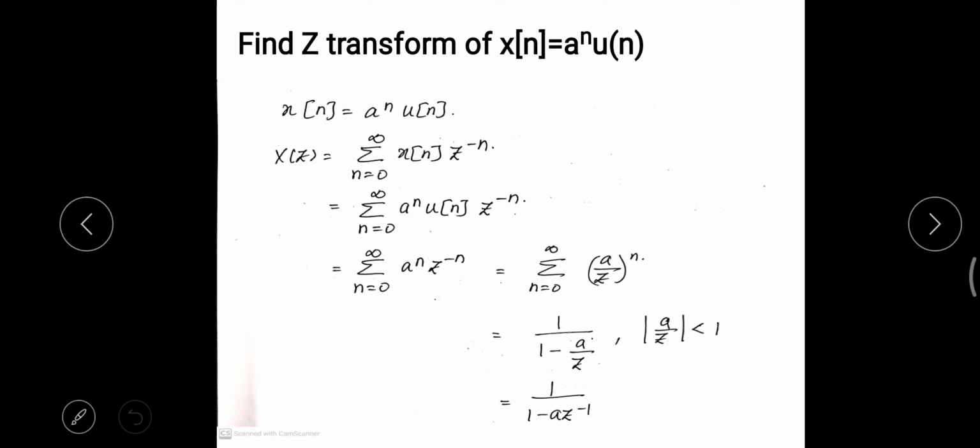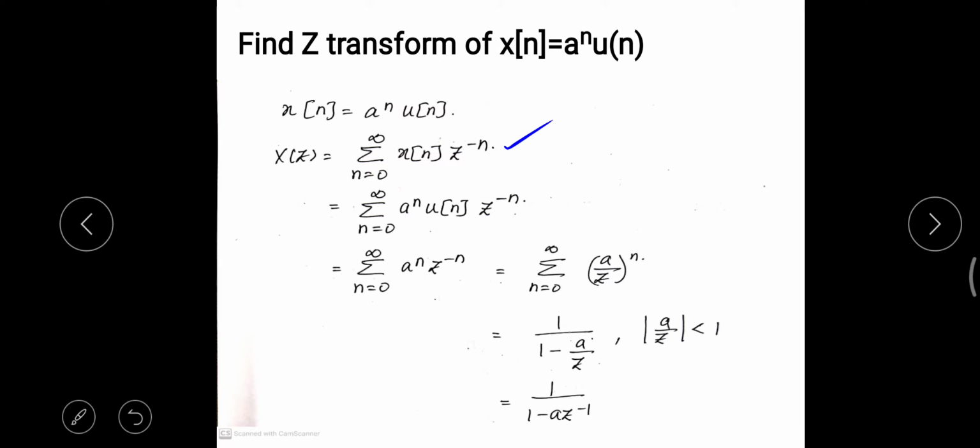Now you can substitute the values of x of n, which is a power n u of n into z power minus n, and we know that u of n is nothing but the step signal, which has the amplitude of 1 for the limit 0 to infinity, so it will become a power n into 1 into z power minus n, for the limit n is equal to 0 to infinity as per your unit step signal.